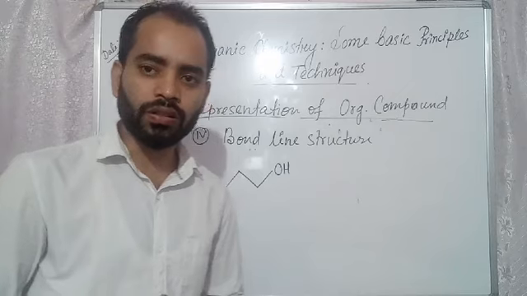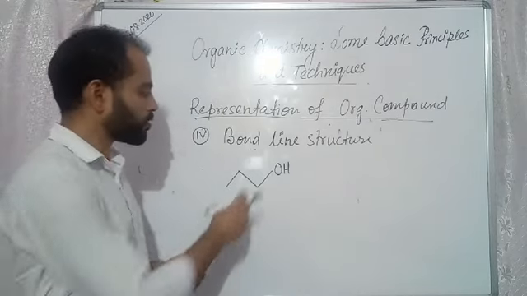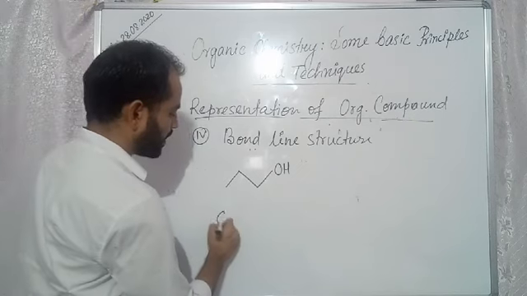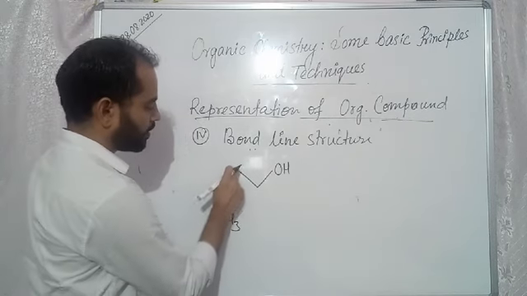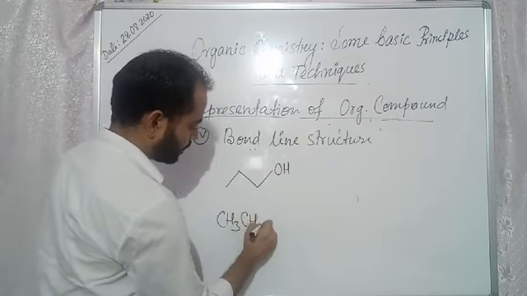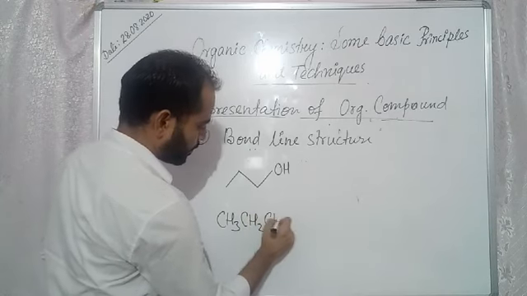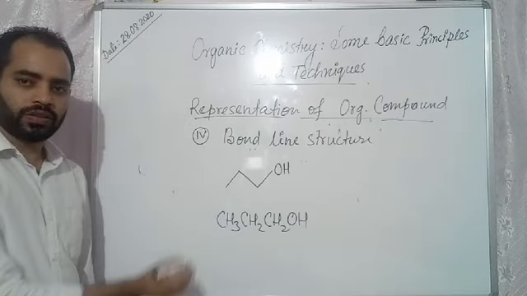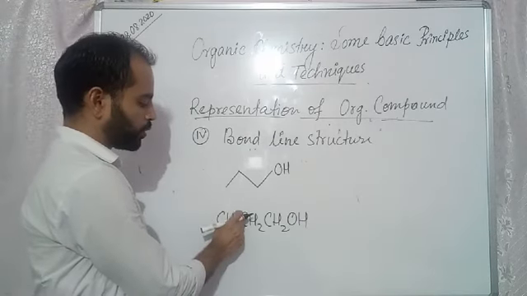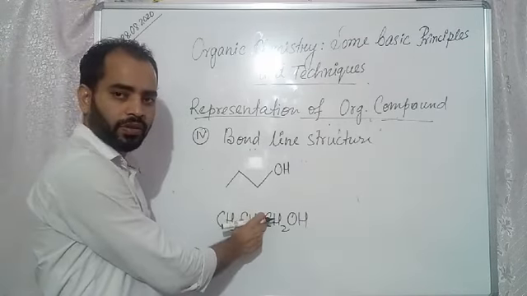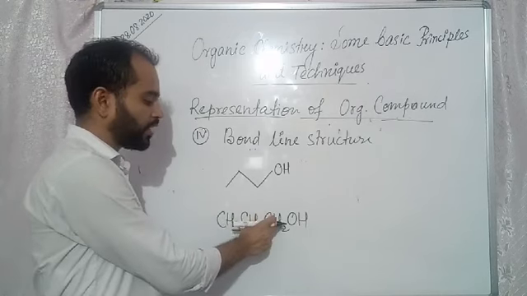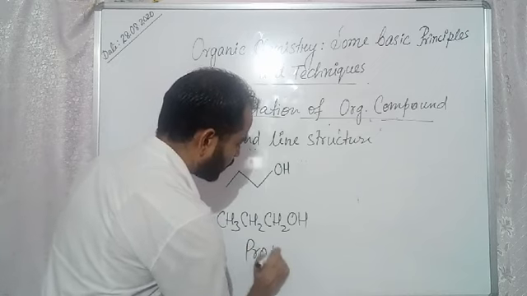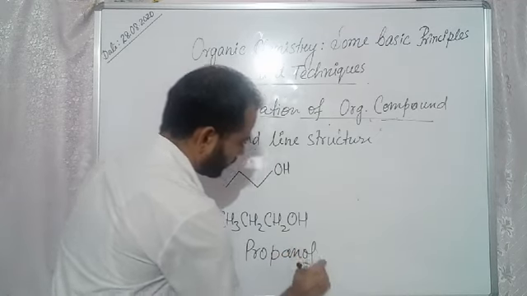Your alcohol group. So this compound will be an alcohol. That is CH3, that is CH2, another CH2, and finally OH. So this compound will be 1, 2, 3, 3 carbon, that is propane, and 1 hydrogen is replaced by OH, that is called propanol. So naming we will discuss later on.